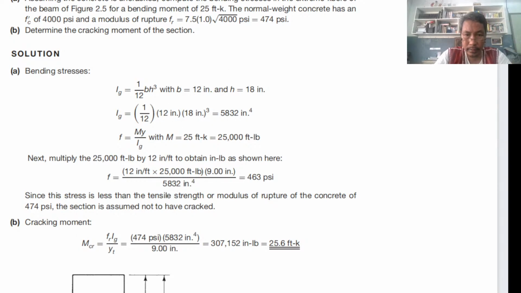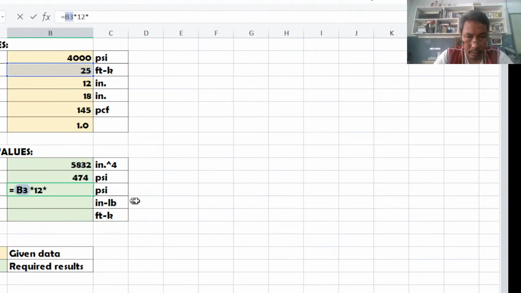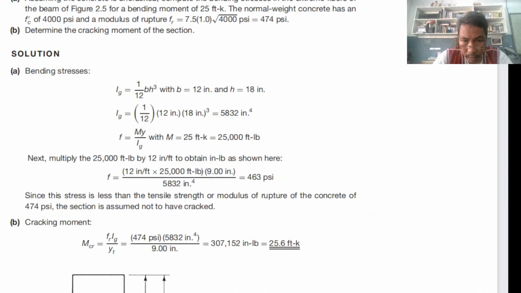Okay. Why do we have 9? So let us multiply by 9, divide by Ig. Where is Ig? This one. And enter. Is this correct?